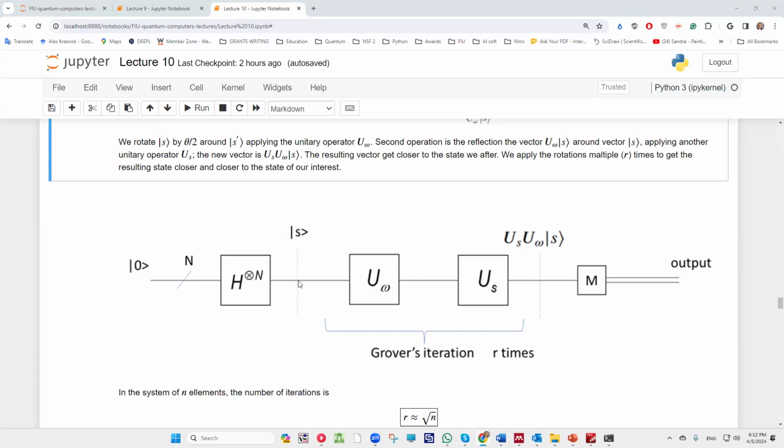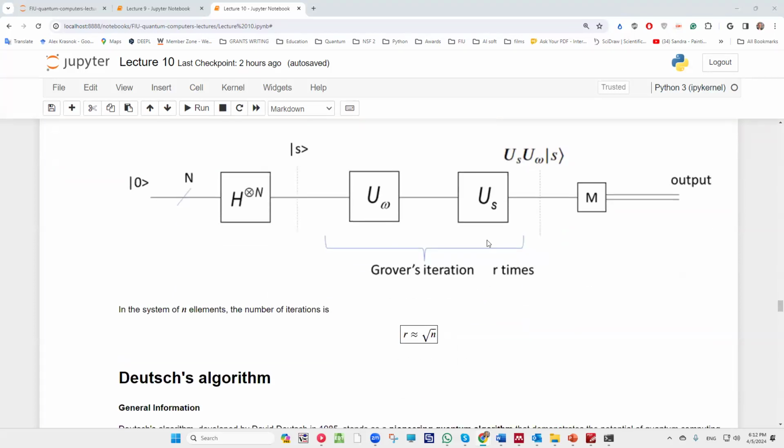We get this balanced superposition state, and then apply the oracle and reflection operator, and we repeat this pair iteratively several times, namely r times. And this pair is called Grover's iteration.